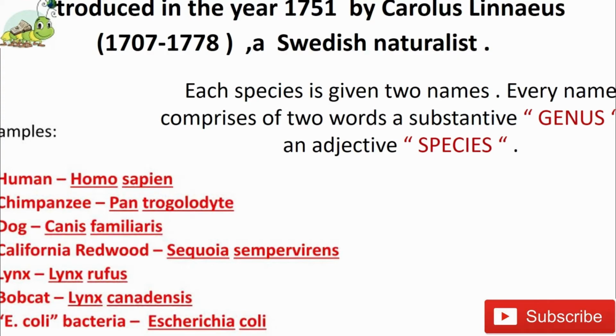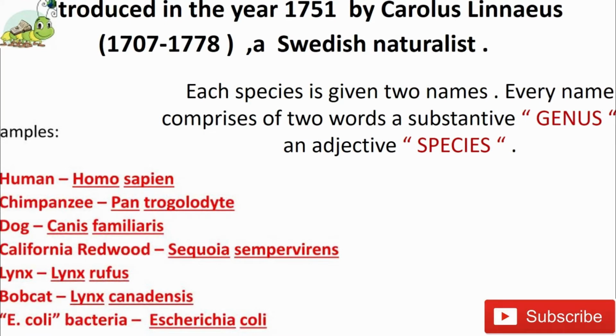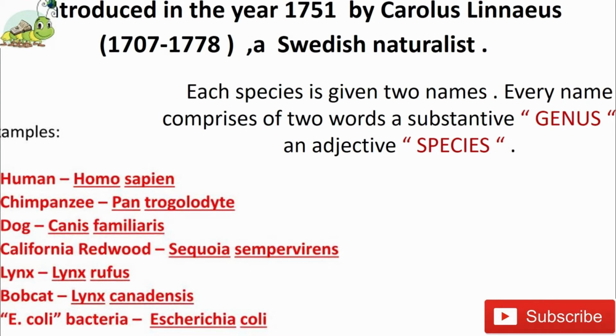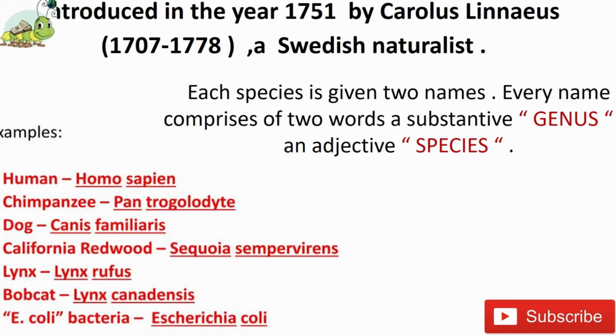Number 2, the generic name should have its first letter as capital, the uppercase, and the species with the first letter as small, the lowercase. Third point, the first word will represent the genus, second the species, and third, if present, the subspecies or variety.